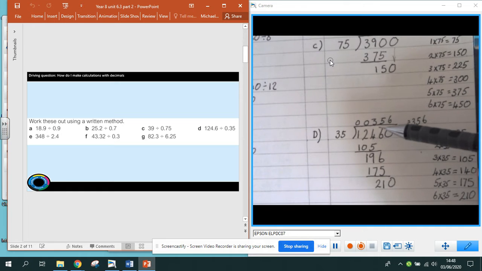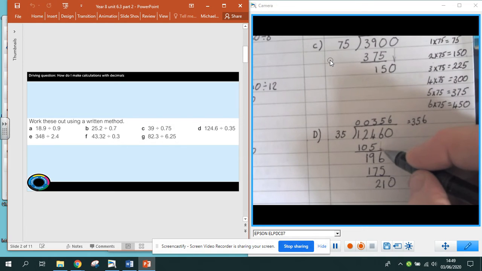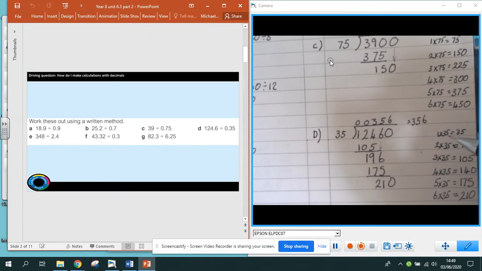There are 35s in 124. I did a little sum. I possibly went down to 4. 4 35s are 140. So I know I needed 3. I did a little subtraction sum. 124 take away 105 is 19. I brought down the next number, which was a 6.